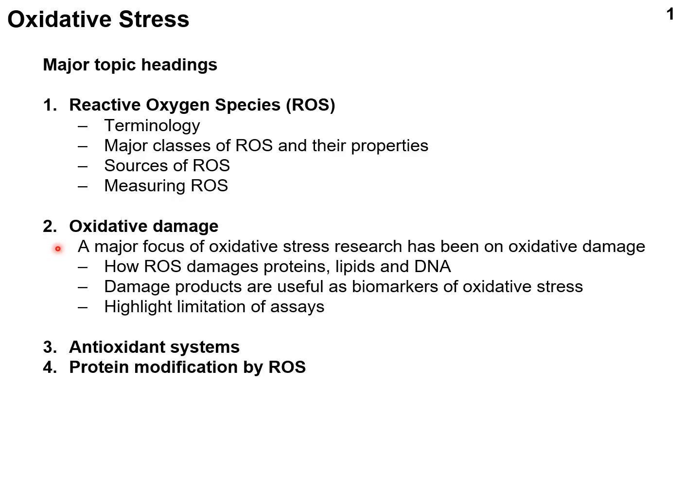And so for this particular lecture, we'll look at how reactive oxygen species damage proteins, lipids, and DNA. I'll discuss how some of the products from that damage can be used as biomarkers of oxidative stress, and we'll also highlight some of the limitations of some of the assays associated with these approaches.